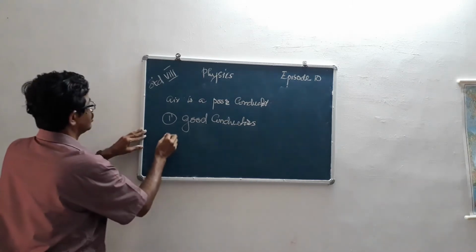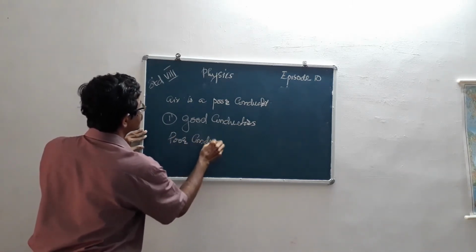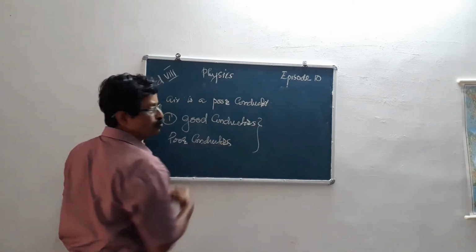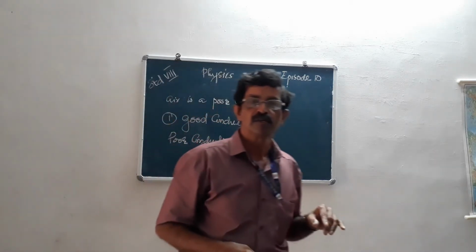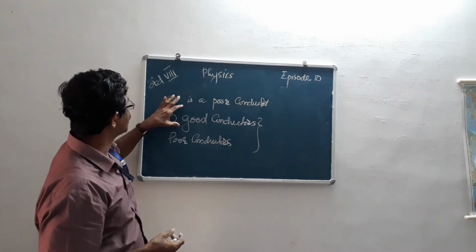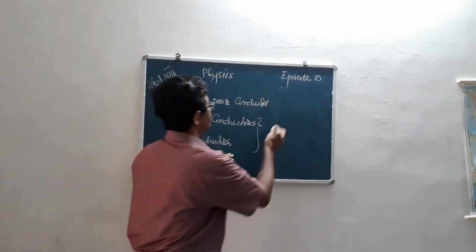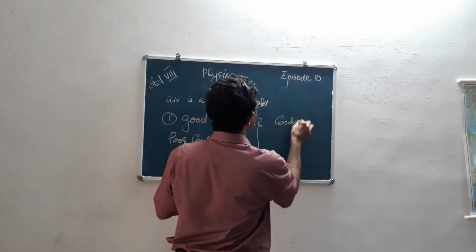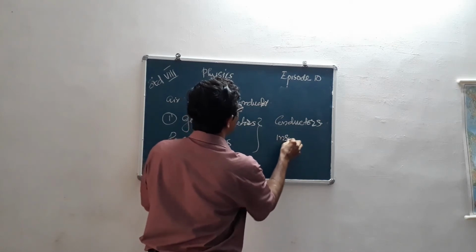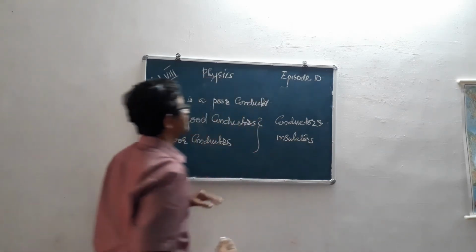and poor conductors of electricity. So broadly we can classify materials into good conductors and poor conductors instead of conductors and insulators.